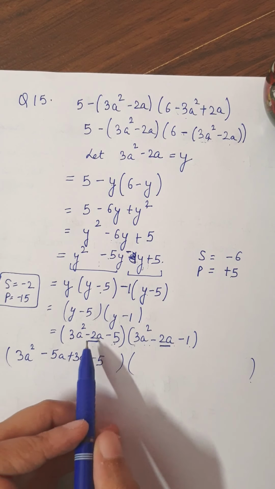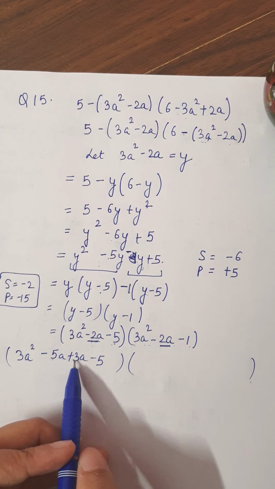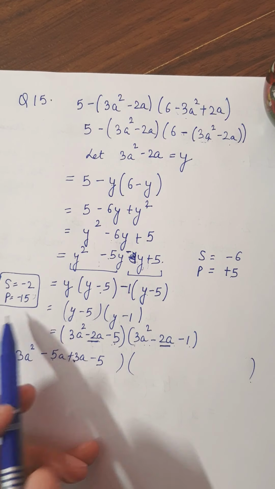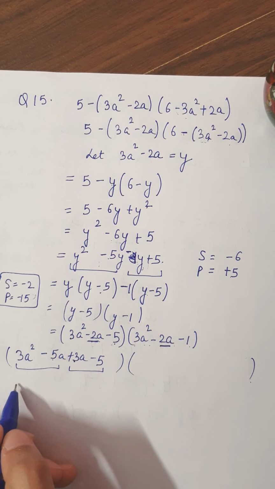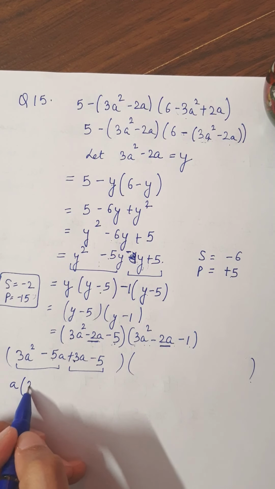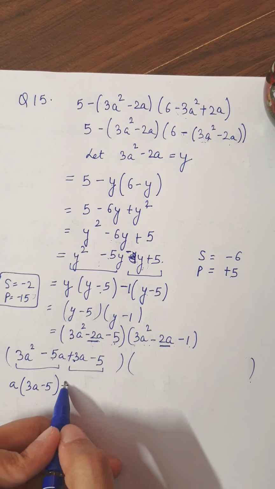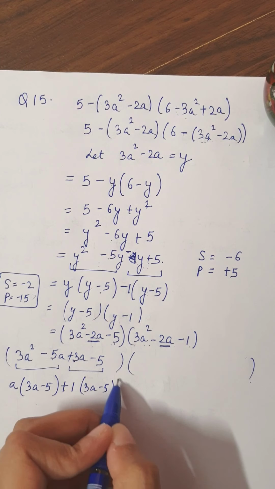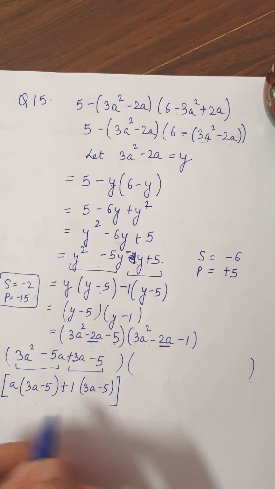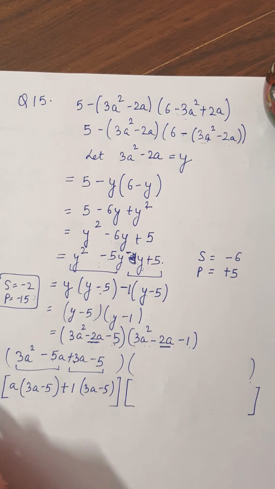Minus 5 plus 3 is minus 2, and minus 5 into plus 3 is minus 15. So perfect. Now the usual grouping, here only a is common, so 3a minus 5. Here nothing is common, so plus 1, 3a minus 5, and the whole bracket that was already there. This factorization you need to proceed.